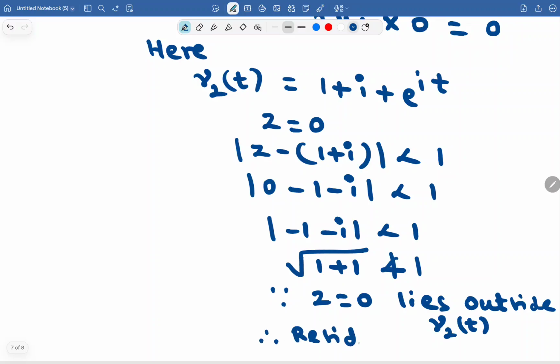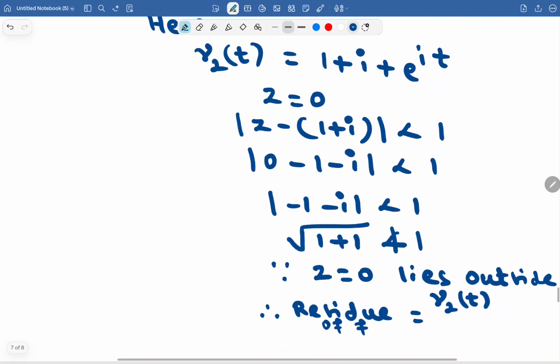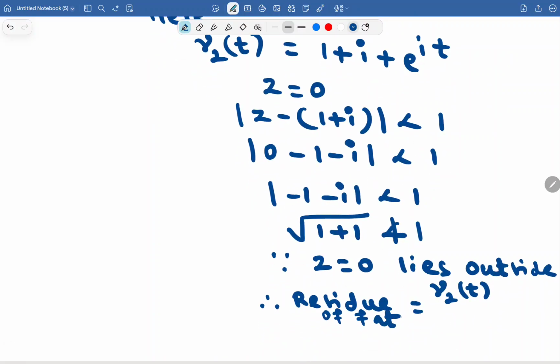therefore the residue of f at z = 0 is 0.